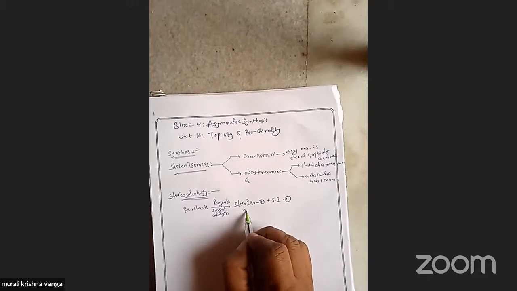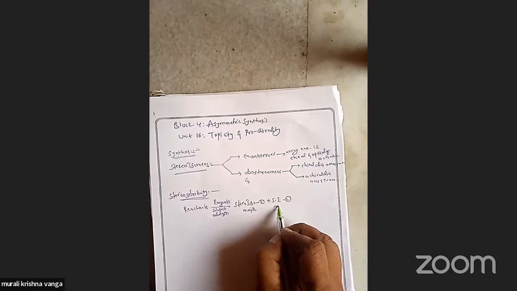If one stereoisomer is major and the other one is minor, that is the stereoselective reaction.